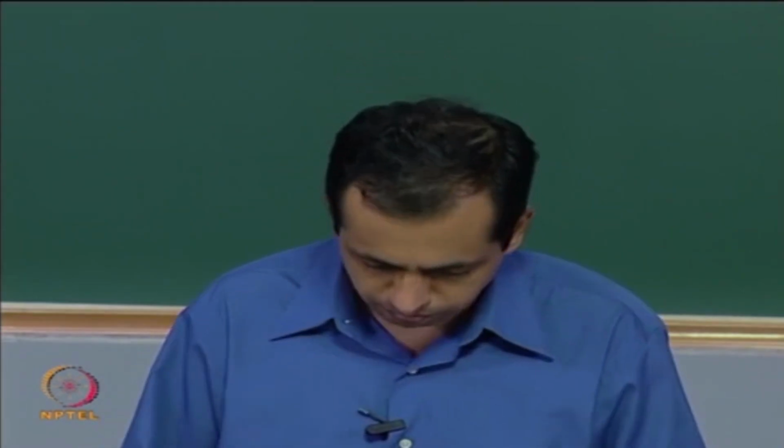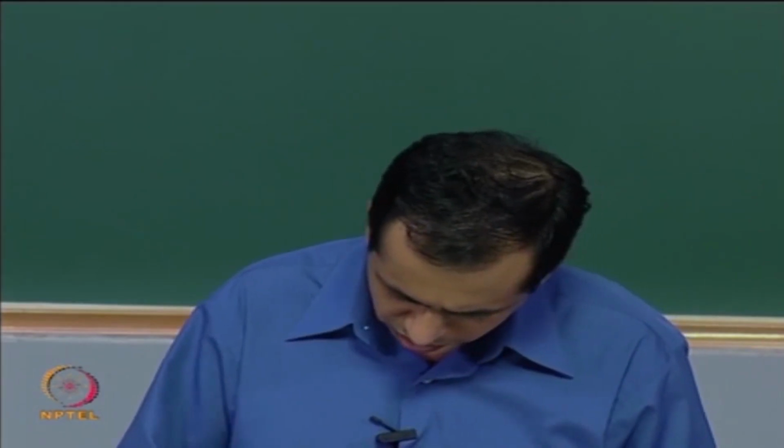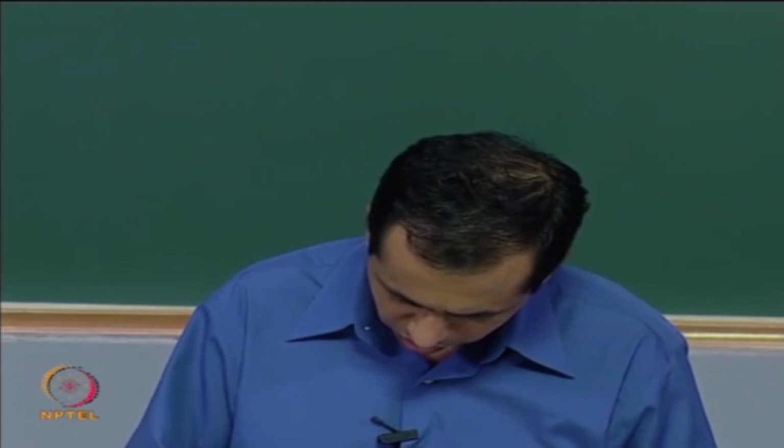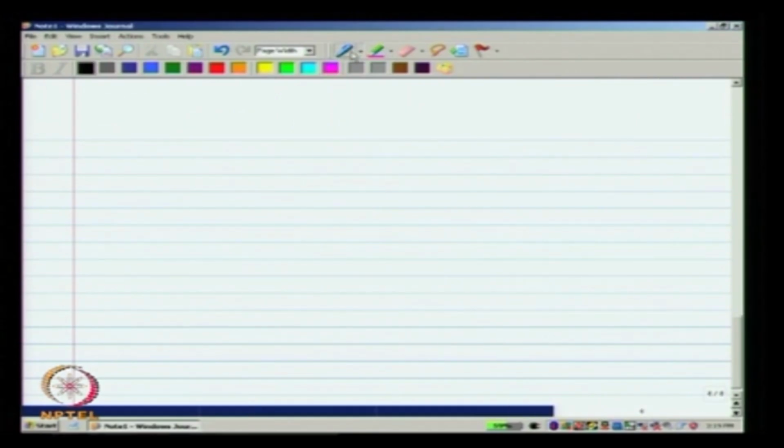You can also not make a transconductor or a voltage controlled current source with an infinite output resistance. Okay. So, this is the topology that we have to analyze and see if it is really better than what we started off with, which is that one. Okay. I will redraw my op amp here.